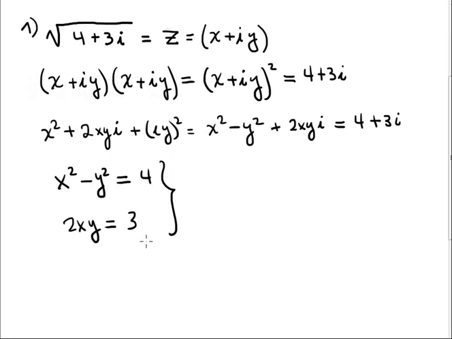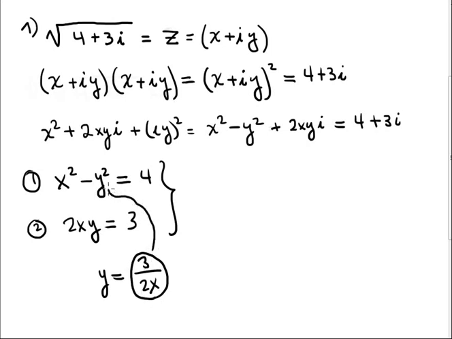There are many ways, by substitution maybe. Solving for y in the second equation, this is the second equation, this is the first equation, y is 3 over 2x. And substituting this expression here, we have x squared minus y squared, which is 9 over 4x squared, equal to 4.